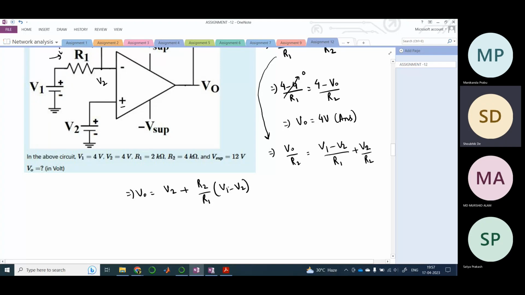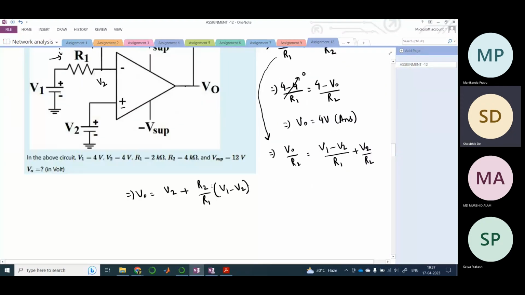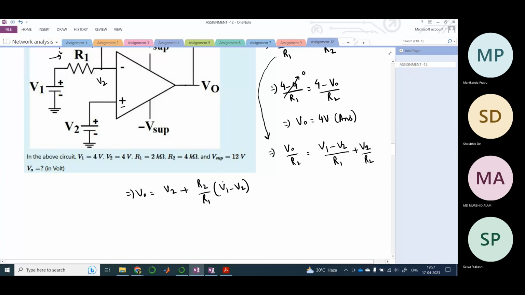What would be the gain of this circuit? It would be nothing but R2 by R1. However, since V1 and V2 are both equal, this thing would be equal to 0.